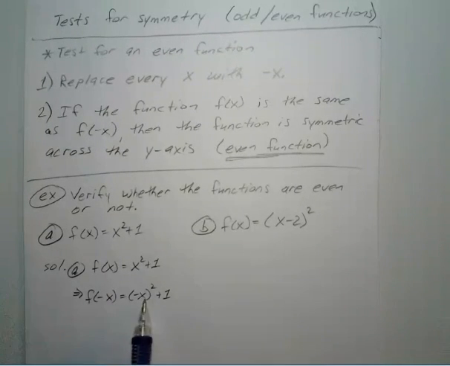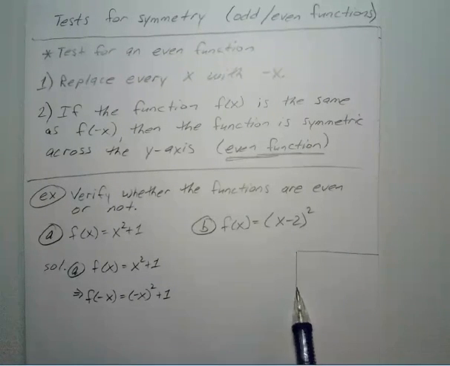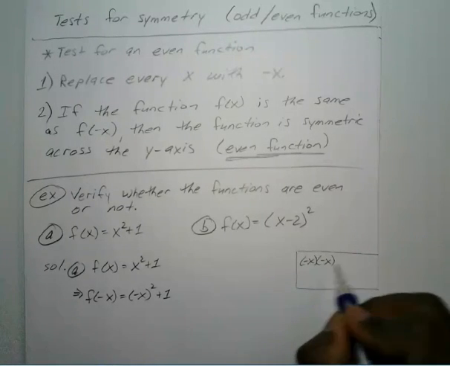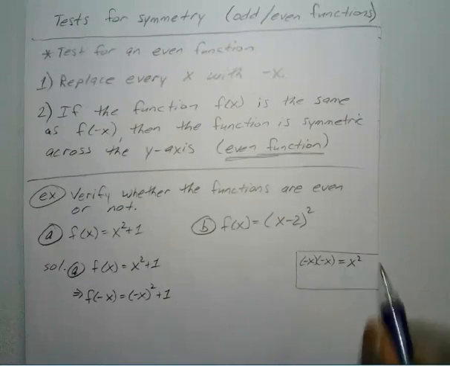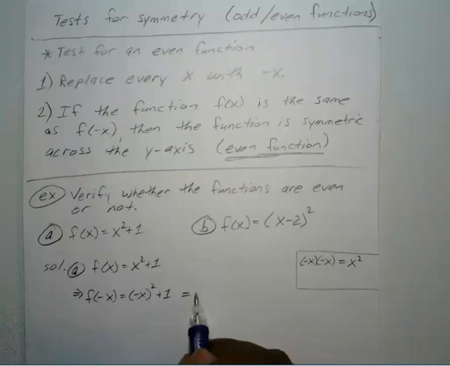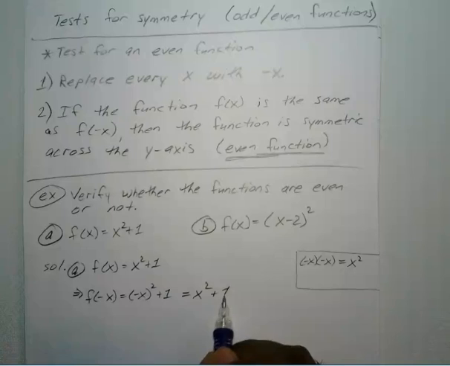Negative x times negative x is just x squared, because negative times negative is positive and x times x is x squared. So this just becomes x squared plus 1.